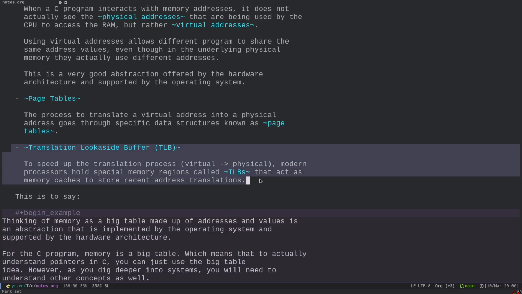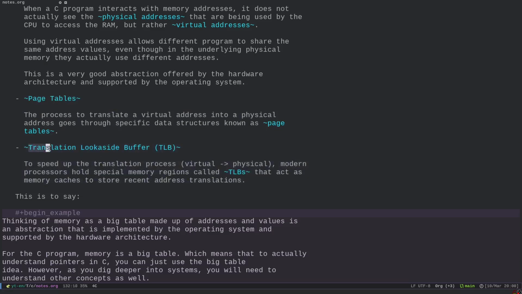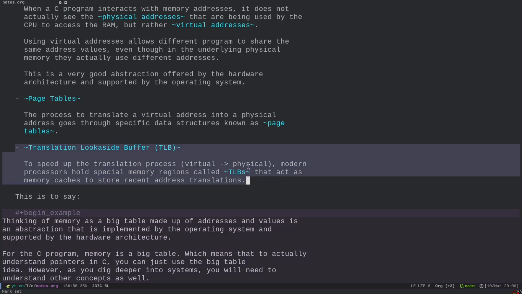But there's also hardware support. For example, there's a specific component in the CPU called the TLB, which stands for Translation Look-Aside Buffer, and this is used to speed up the translation process. It is a cache that is used to store recent address translations, so that instead of all the time fetching the page table, you can quickly translate through the TLB.